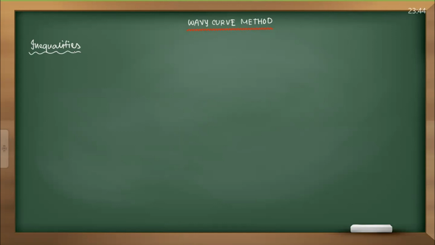So we all know how to solve inequalities. Let us first try out some. There's one: 2x minus 1 is less than 3. What will it become? 2x less than 4, which implies x is less than 2.